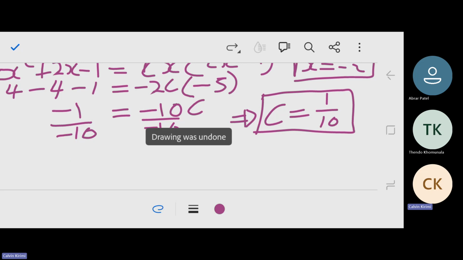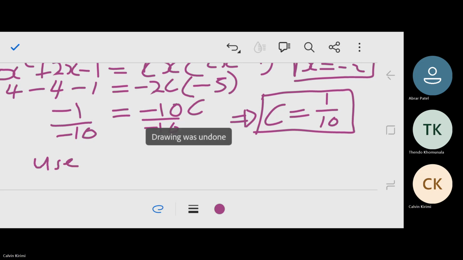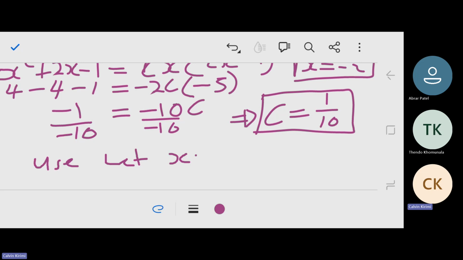We are going to use elimination. Let X be equal to a half, which means A will go, and also CX will vanish if X is half.